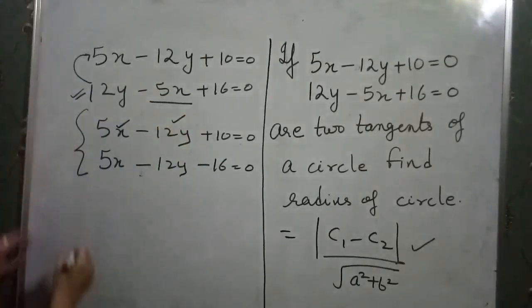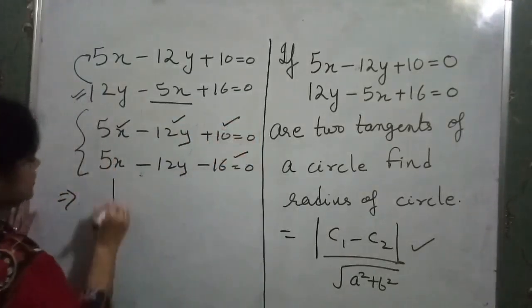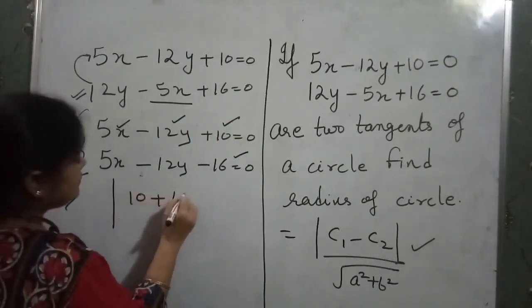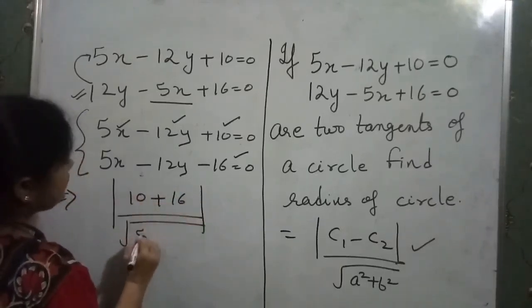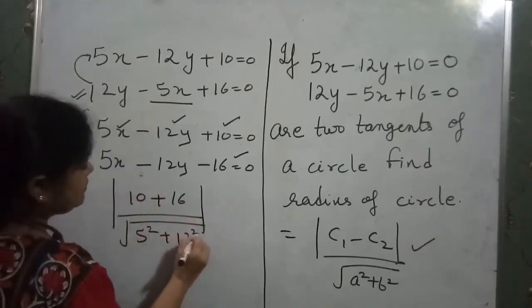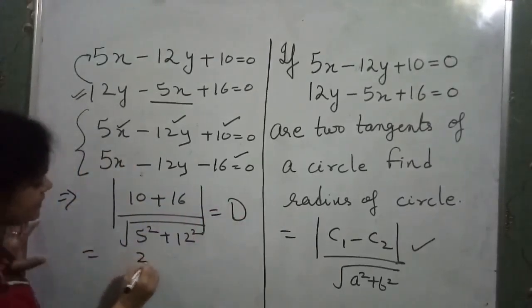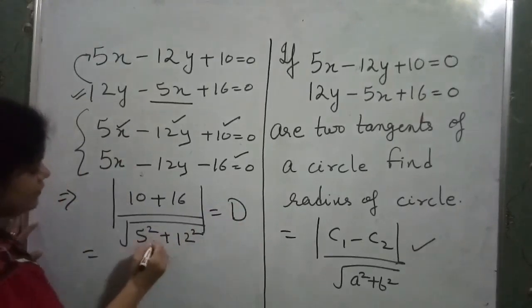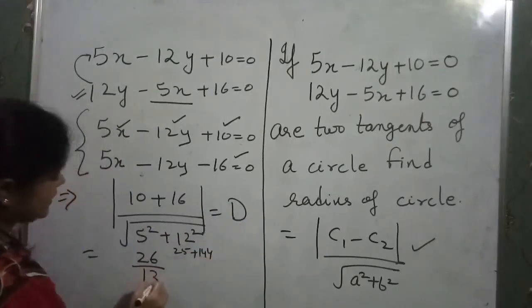Now the value for C1 is 10, C2 is minus 16. So they get added up. And under root A square plus B square, that is 5 square plus 12 square. Clear? So this is the value of the diameter. Now we have 26 over, here we have 25 plus 144, 169, that is 13.